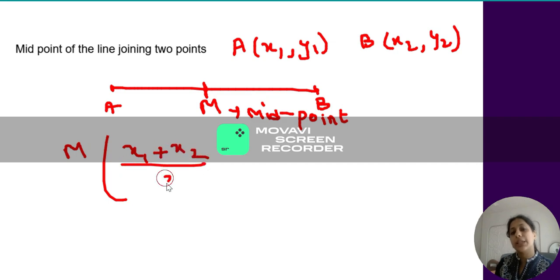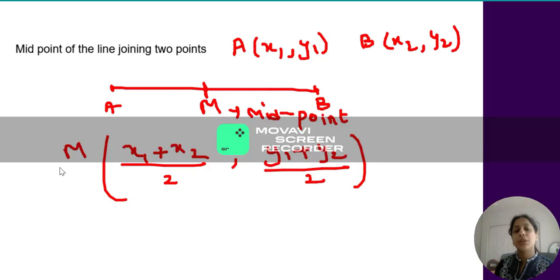That means (x1 plus x2) upon 2, the coordinate midway between the x's, and (y1 plus y2) upon 2, the coordinate midway between the two y coordinates. So that is the midpoint of AB.